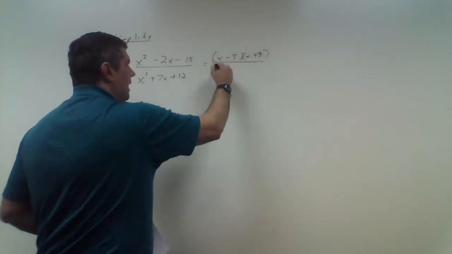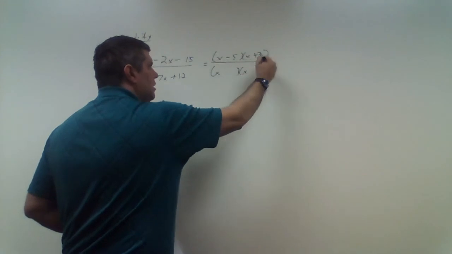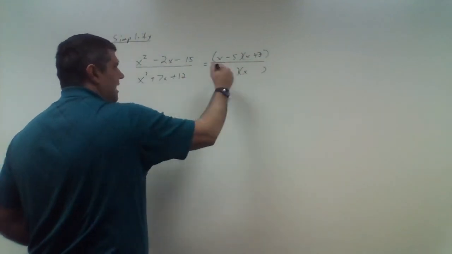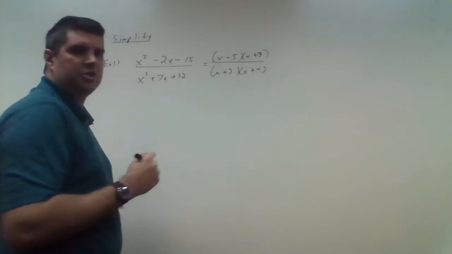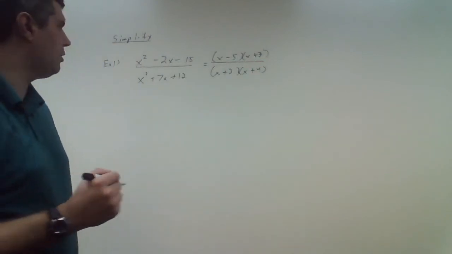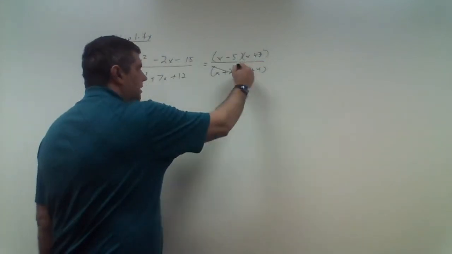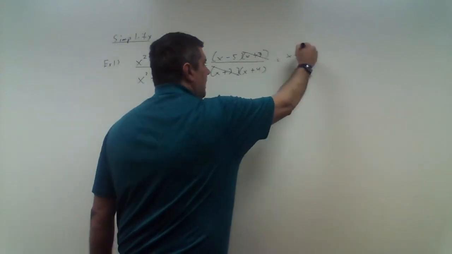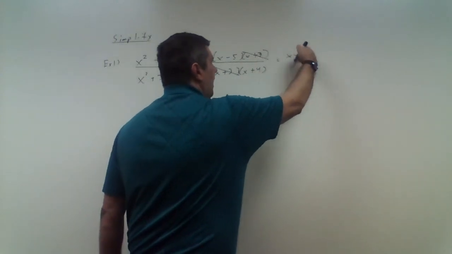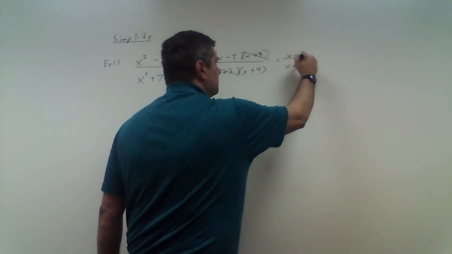And then over here we've got x and x. 2 factors of 12 that add to 7 are 3 and 4. Then what you do is you look for what is common to both of them, and you cancel it. Common to top and bottom, and you're left with x minus 5 over x plus 4.